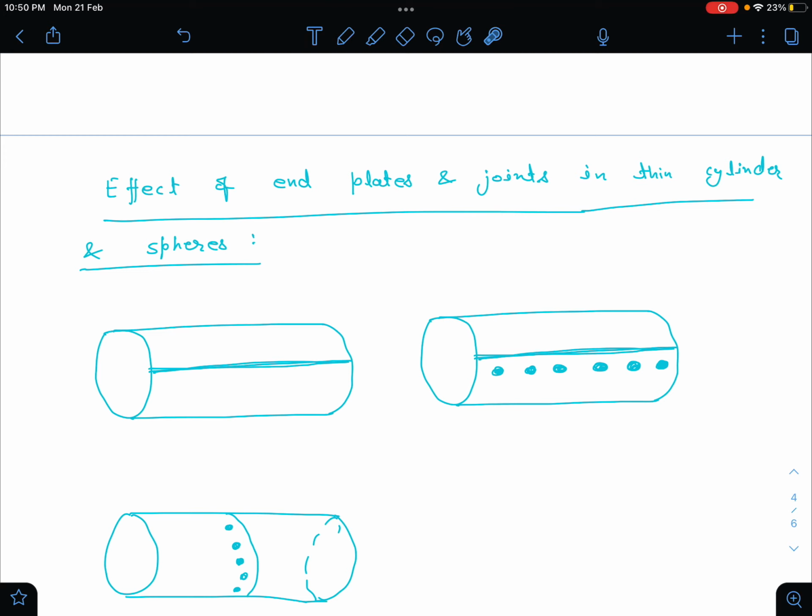There are no discontinuities. However, in actual situation, there would be a joint in the cylinder portion. This is a longitudinal joint. This may be a welded joint, or this may be a joint using a rivet or anything else. So there would be some joints.